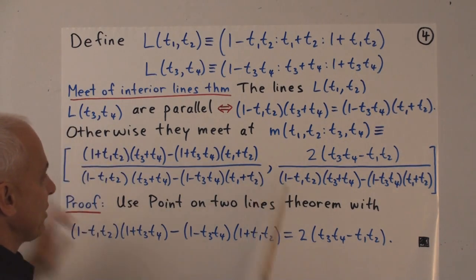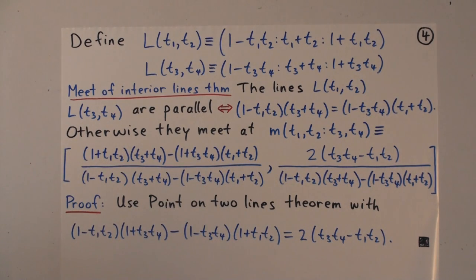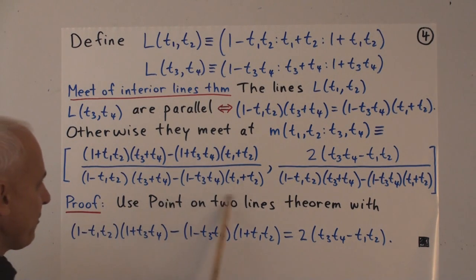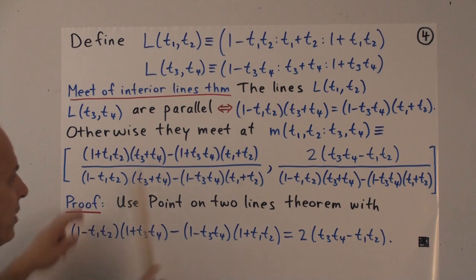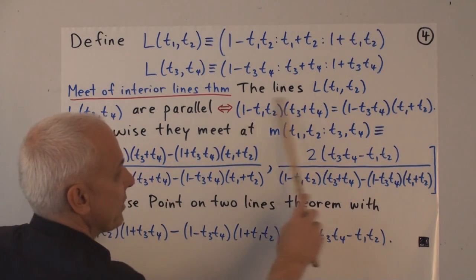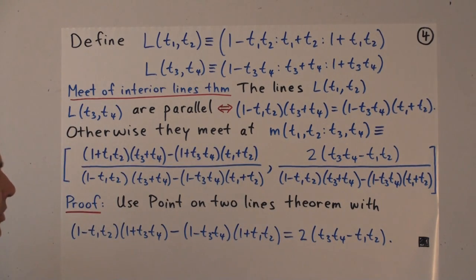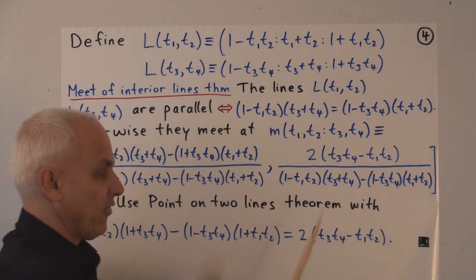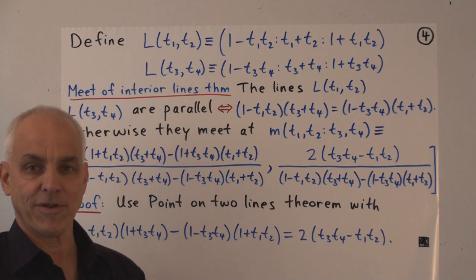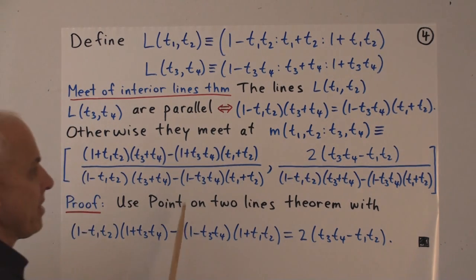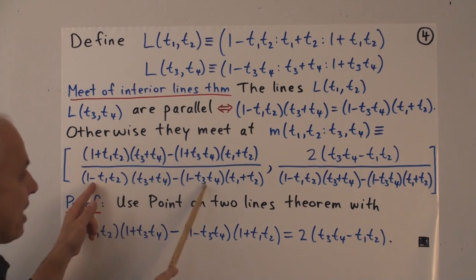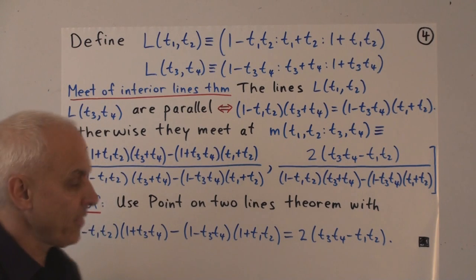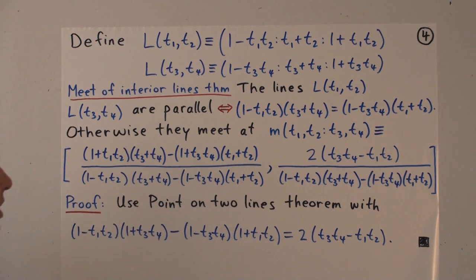It's got 2 components, the x component and the y component. The denominators of both expressions are the same thing. They're exactly this condition that the lines be parallel or not. So when the lines are parallel, the denominators here are both 0, and we're out of luck. Those lines are not meeting in the ordinary Euclidean plane. However, if this condition is not met, then these numbers on the bottom are not 0, and these are legitimate expressions.